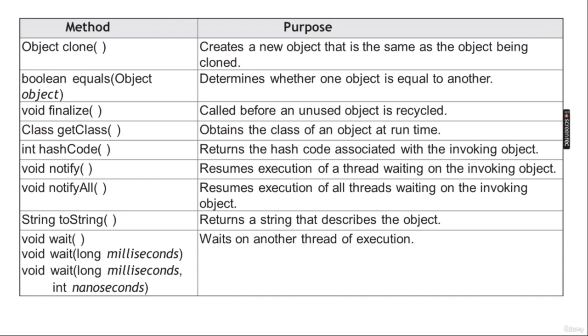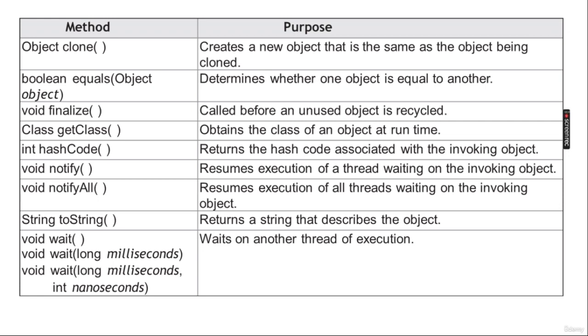Class getClass obtains the class of an object at runtime. So if you are confused about which class this object is from, you can call the getClass method on that object. It will return the class of an object at runtime. Integer hashCode returns the hash code associated with the invoking object.